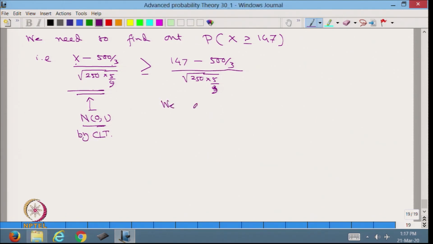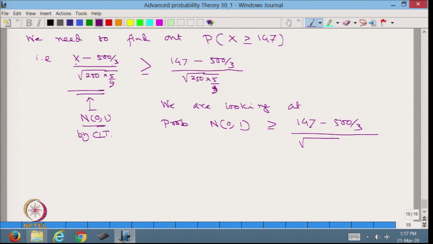Therefore, we are looking at the probability that a standard normal random variable is greater than or equal to (147 minus 500 by 3) divided by root over 250 into 5 by 9, which is equal to minus 1.65.